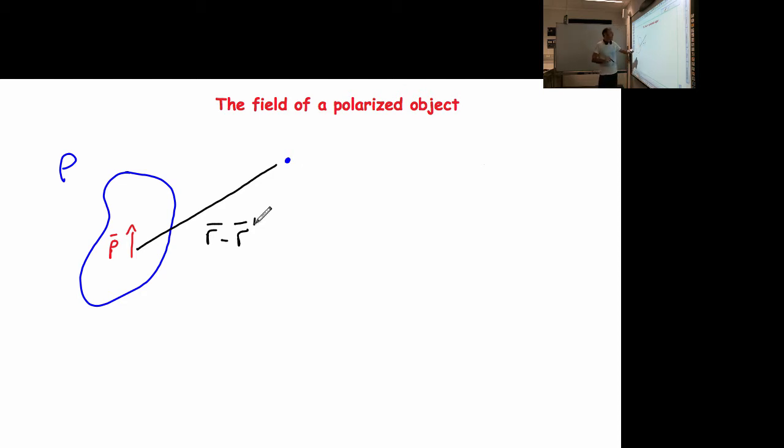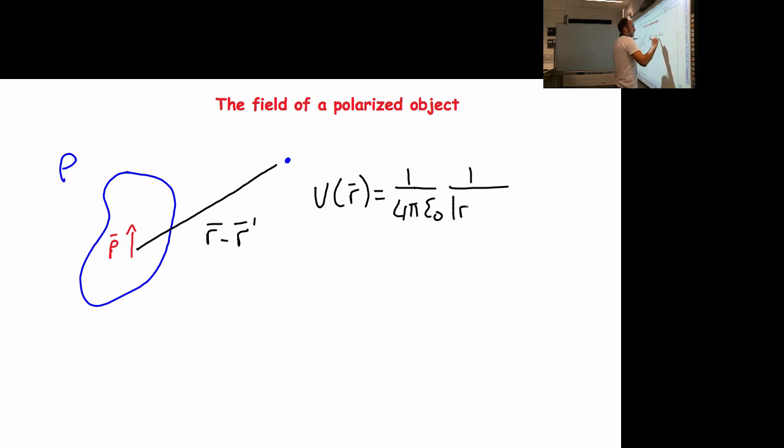And what we've already found in the previous section is the potential of our dipole, and this was given by 1 over 4 pi epsilon naught, and it went as 1 over r squared, so we have 1 over r minus r prime squared, and then we had the dot product of r hat dot p.